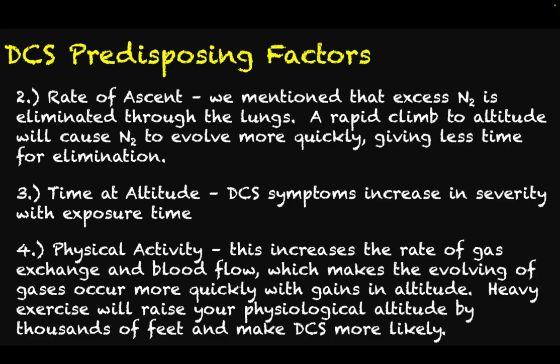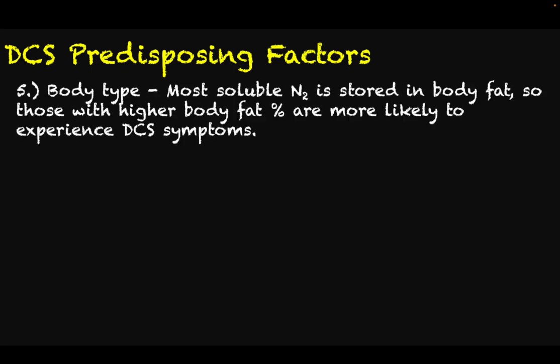So it's kind of the same thing that we saw with predisposing factors number 2 and number 3, except this time with some kind of physiological underpinning. Heavy exercise will raise your physiological altitude by thousands of feet and make DCS more likely. We saw that graph before that said that DCS symptoms can show up as early as 18,000 feet, and this is one of those predisposing factors that makes something happening that early much more likely.